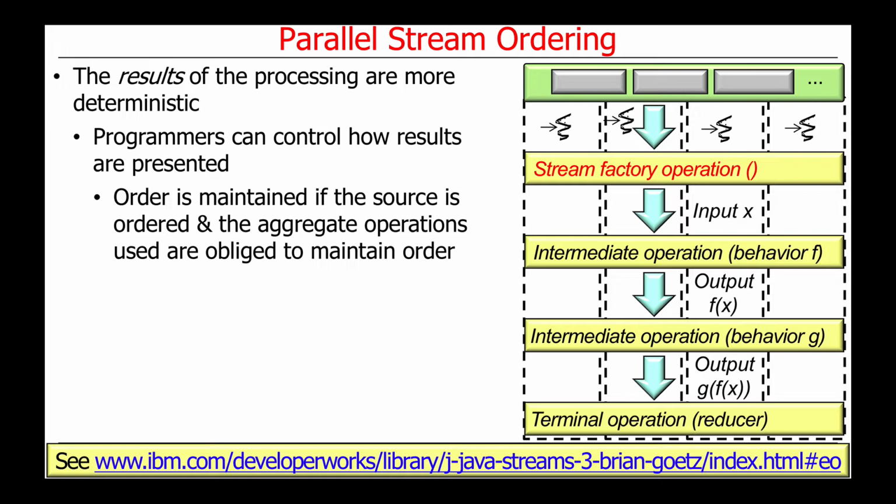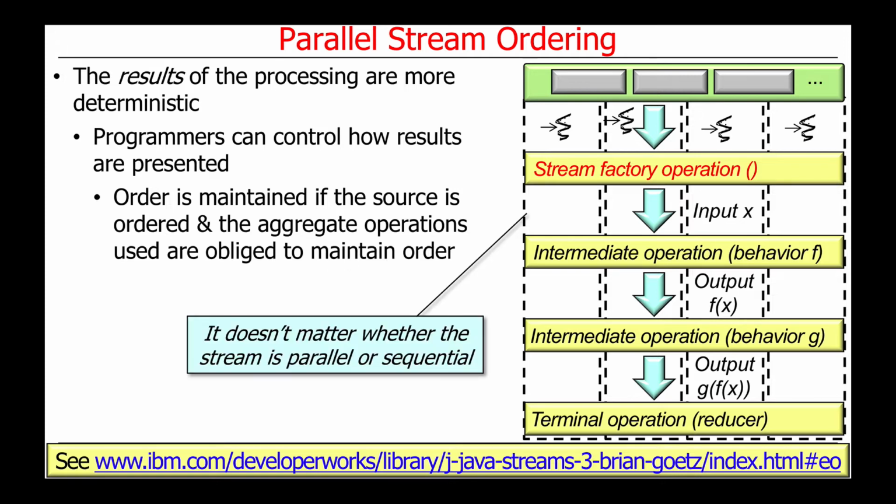So if that's the order in which the input comes in, then irrespective of the order in which the processing takes place on those various plays of Shakespeare, the output will come out in the order that the input came in. That's the encounter order. So if the input source is ordered and the aggregate operations don't modify anything with respect to the ordering, then you'll keep the same order on the output. And this doesn't really matter whether the stream is parallel or sequential, although honestly, if it's sequential, it's pretty obvious it's going to be in encounter order because there's no non-determinism at all. It's only if it's parallel that there will be non-determinism.